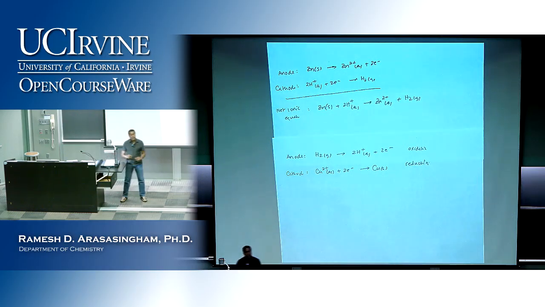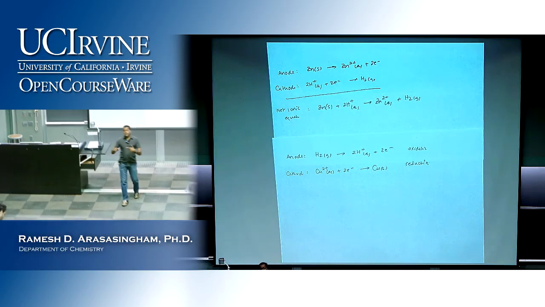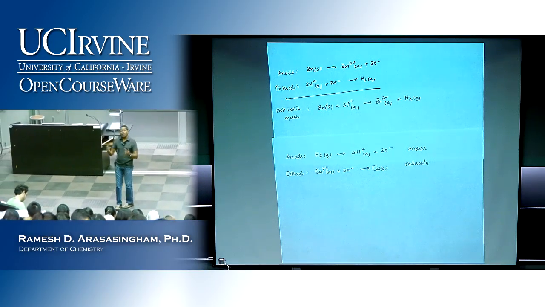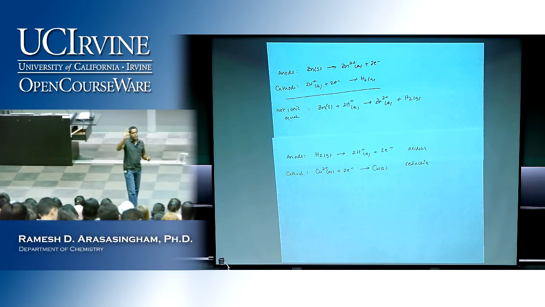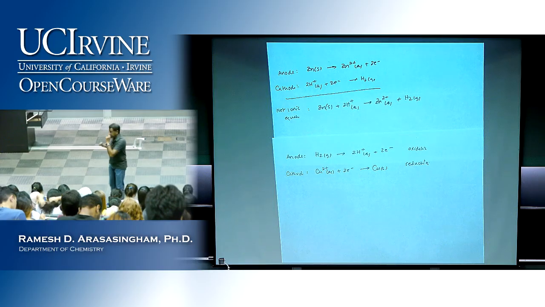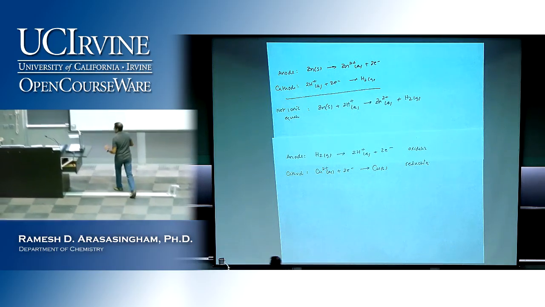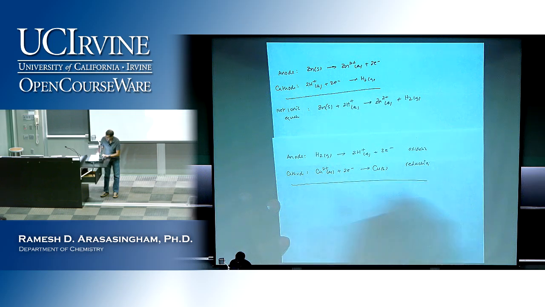So now we've looked at an example where the hydrogen electrode is the anode, and now the copper electrode is the cathode. So we took the Daniell cell and we took half of it and replaced half with the hydrogen electrode on either side. And you can see that the net ionic equation would be where you have hydrogen gas plus Cu2+ aqueous, giving you 2H+ aqueous plus copper solid.